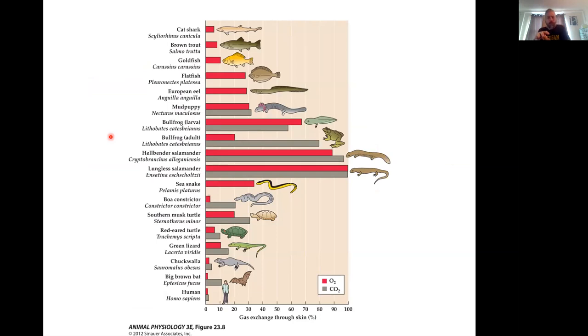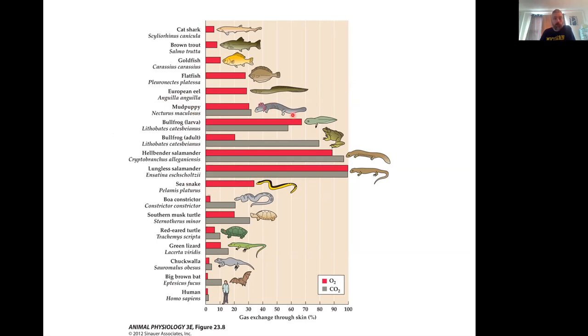Now, we've been focusing here a lot on lungs and gills as respiratory membranes, but there's another structure here that is potentially really quite important for certain exchange of gases, and that's the skin. Cutaneous respiration, cutaneous gas exchange is very important in a lot of different animals, but in particular for amphibians.